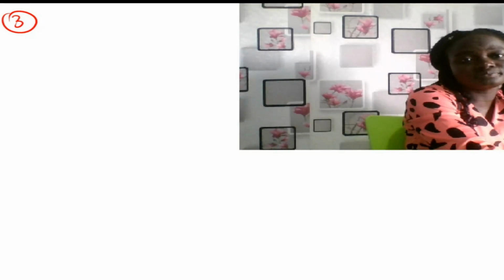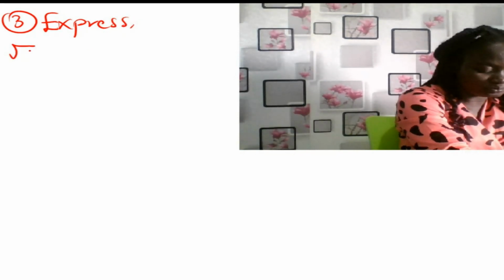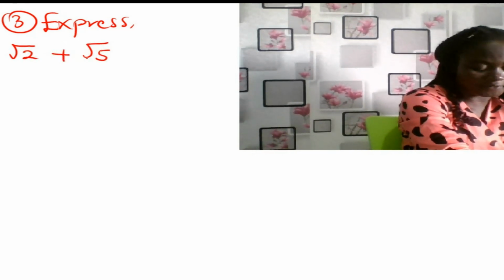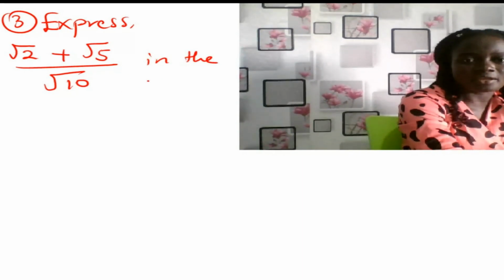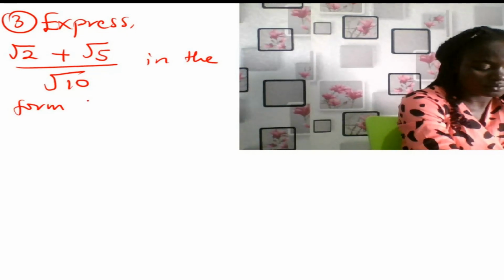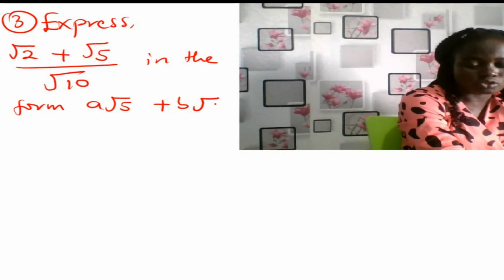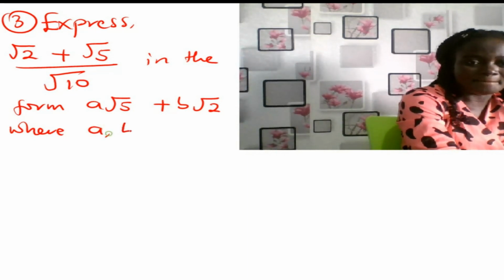So example 3, express root 2 plus root 5 over root 10 in the form a root 5 plus b root 2, where a, b are real numbers.